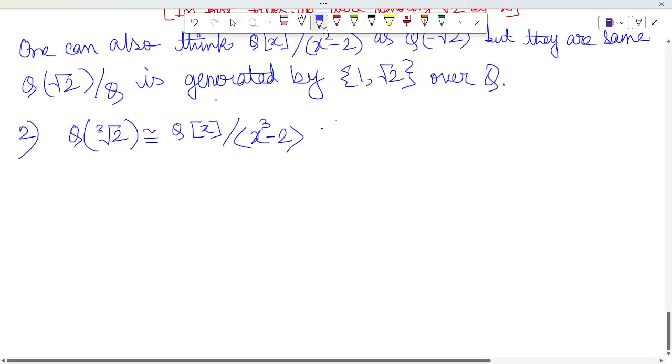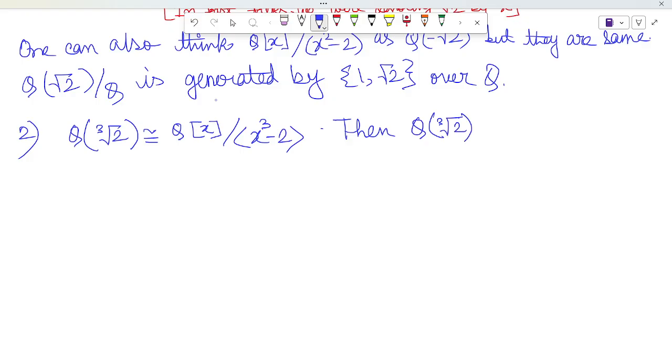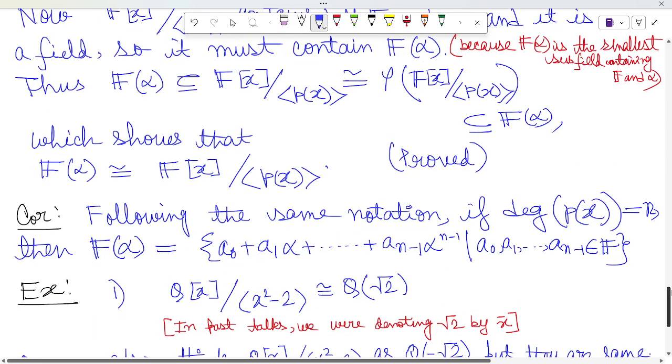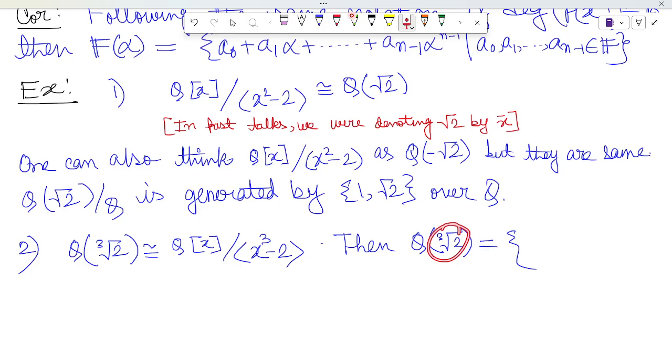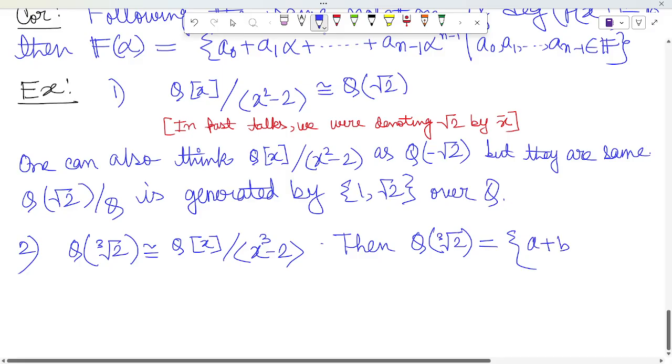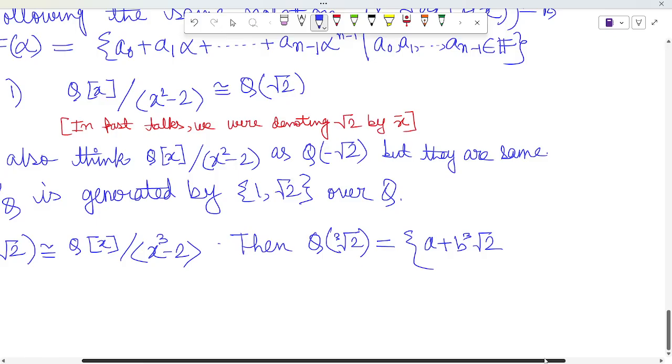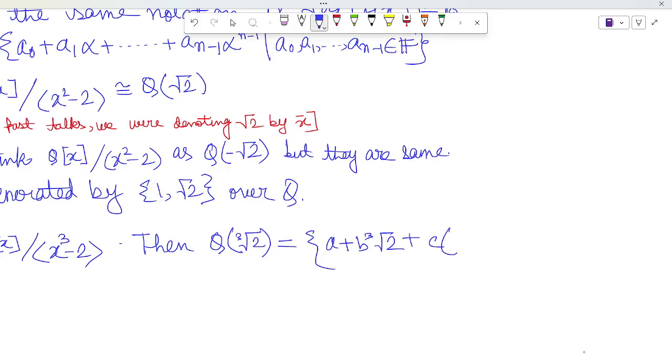Then it is exactly equal to, by the corollary, alpha root. So this is the root we attached here. So it will be of the form, okay.